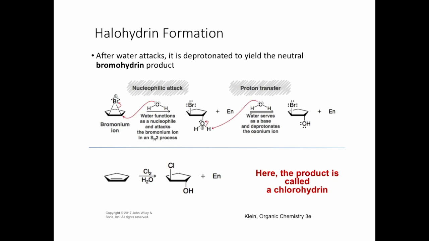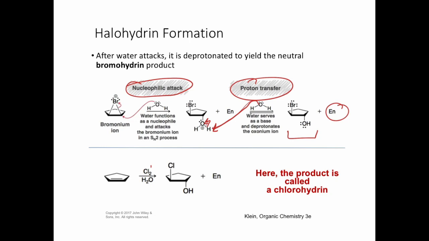So here I show the nucleophilic attack on the bromonium ion, and this is followed by a proton transfer. So a second molecule of water is going to grab an H here, break that bond, leaving behind the electrons of that oxygen to get to the trans product where the bromine and the alcohol functional group are trans to each other. And then you'll also get the enantiomer.